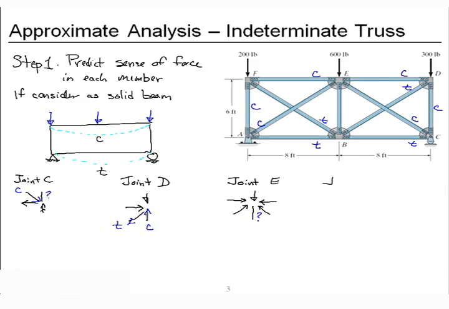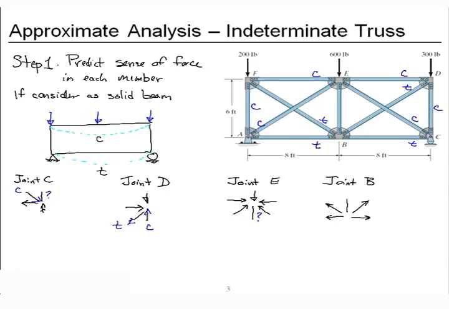Let's try joint B. I've got tension coming from member BA, tension coming from member BC, tension coming from the diagonal BF, and tension coming from the diagonal BD, and we have our mystery BE. Now I can see I've only got vertical or upward force on the joint coming from the diagonals.